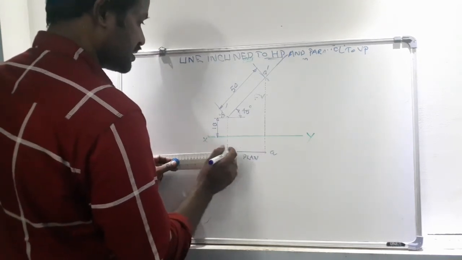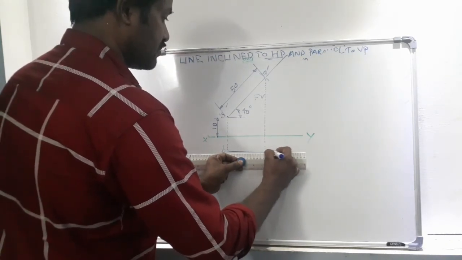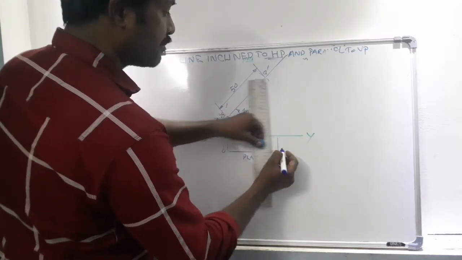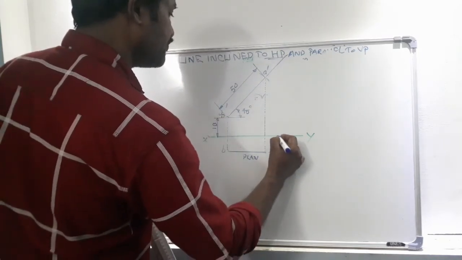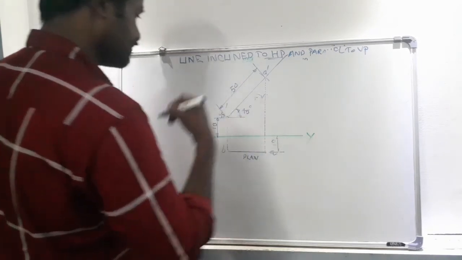And we know that our object is placed 10 mm in front of the vertical plane. So this value is also 10 mm.